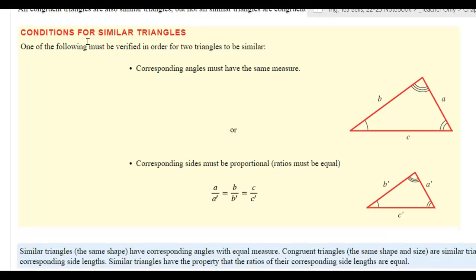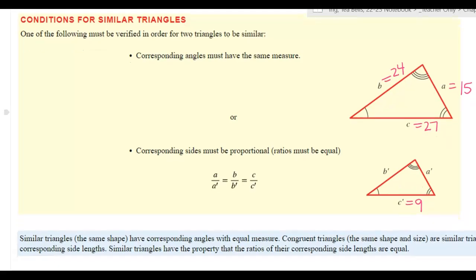Okay, so when we have similar triangles, like I said before, the angles are the same, but their side lengths are slightly different. So when we created similar triangles with dilations, we used what we called a scale factor. And we either made the shape bigger or we made the shape smaller. So for example, if we were given that, let's say B is 24 and A is 15, and C is 27, but all we know is that C prime is 9.